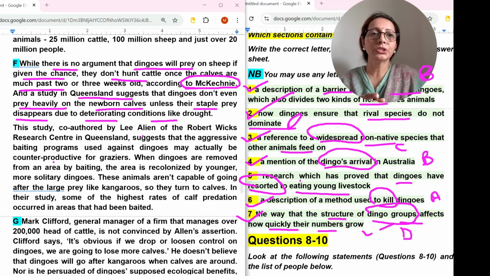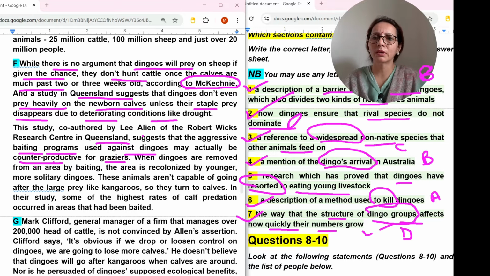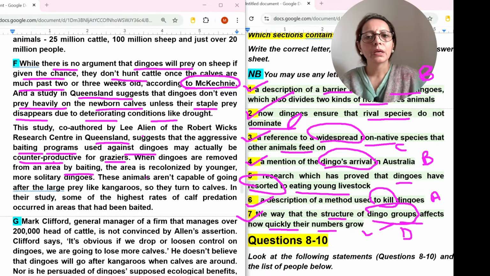Okay, so the word research means it is relating to a study. Research co-authored by Lee Allen of the Robert Wicks Foundation in Queensland suggests that aggressive baiting programs used against dingoes may actually be counterproductive for graziers. When dingoes are removed from an area by baiting, the area is recolonized by younger, more solitary dingoes.